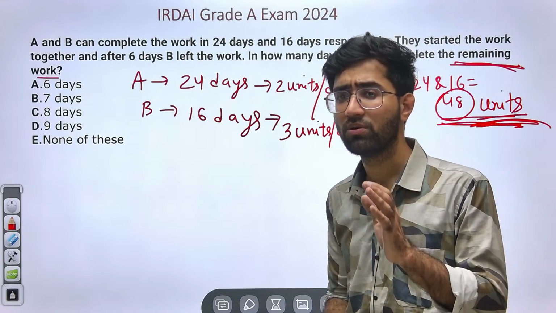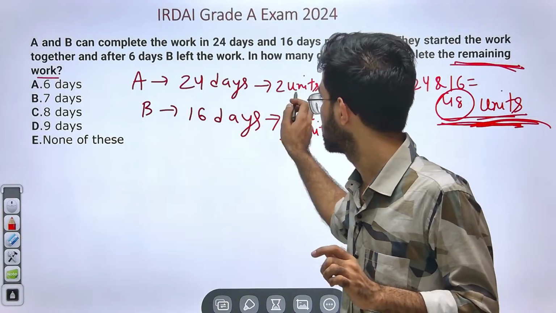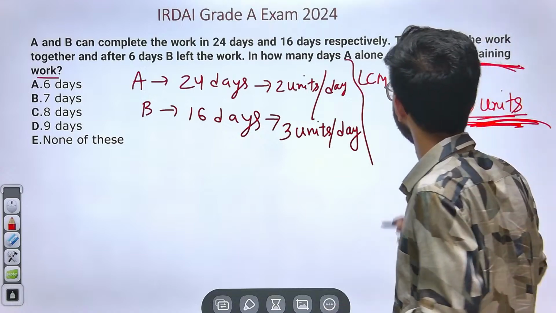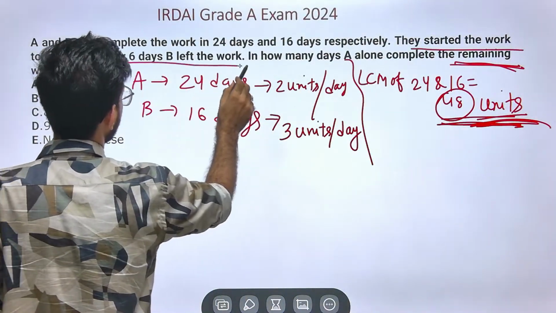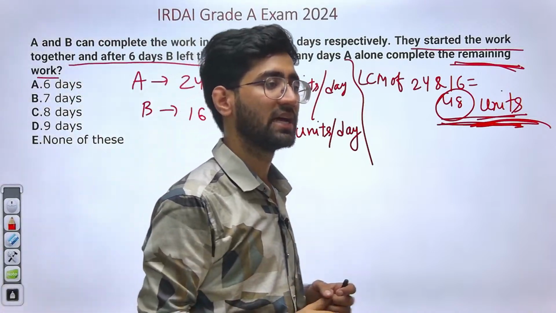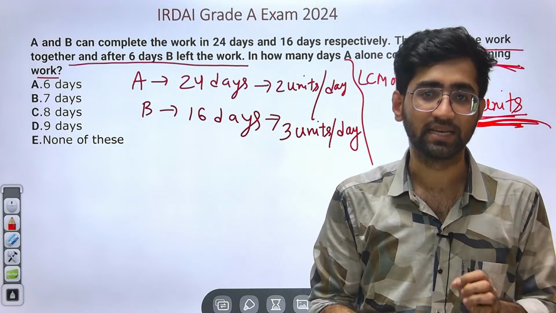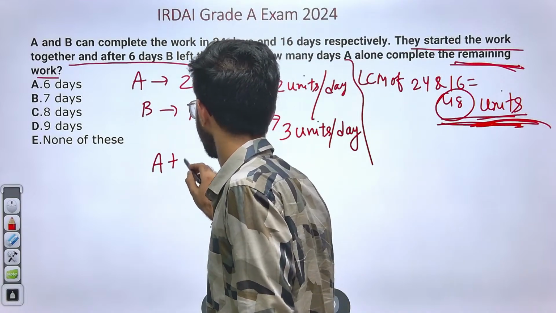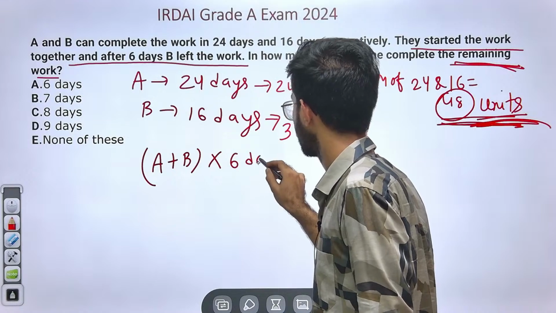Okay, now we know about the work done by A and B in one day. A does 2 units work per day, B does 3 units work per day. Now if you read the question further, they started the work together and after 6 days B left the work. What does it mean? It means that A and B have worked together for 6 days, then B left the work. So you can write simply A plus B, means A and B have worked together for 6 days.